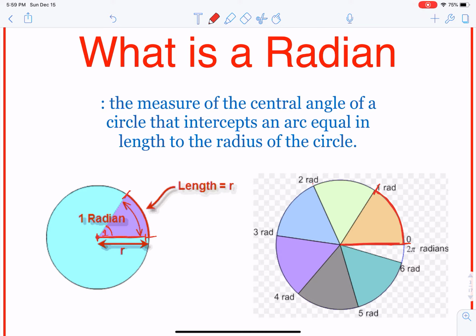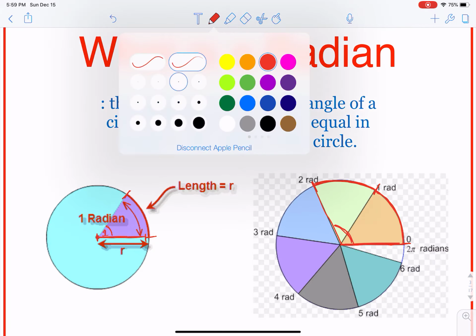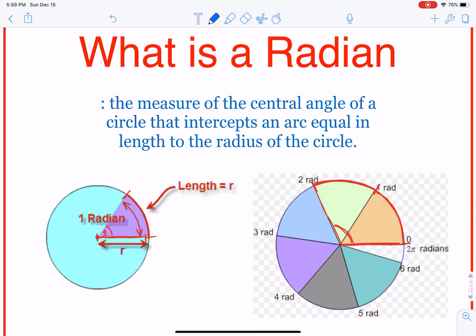That would be 1 radius. Placing another radius here, 2 radii, that would make this an angle of 2 radians, because I can fit 2 of my radii on the outside. So here we can see that this length is equivalent to this length and this length, except these are, of course, curved as they're on the outside of the circle.